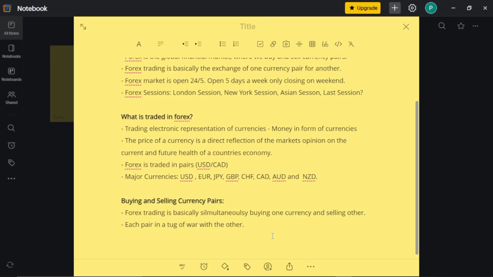So there are three categories of currency pairs. This is not major currencies now. We've talked about major currencies. There are three categories of currency pair. The first one is majors. Okay, we have the major currencies.